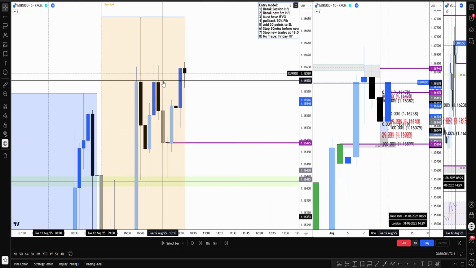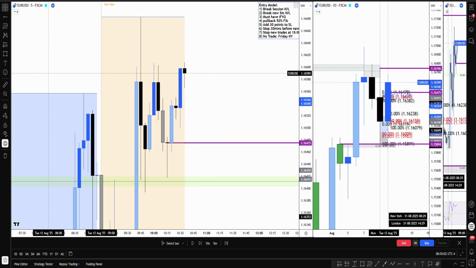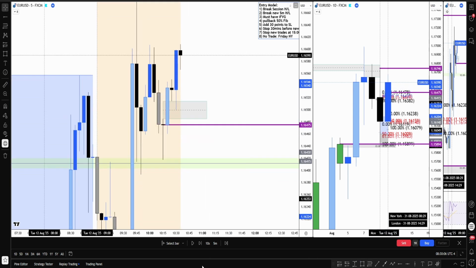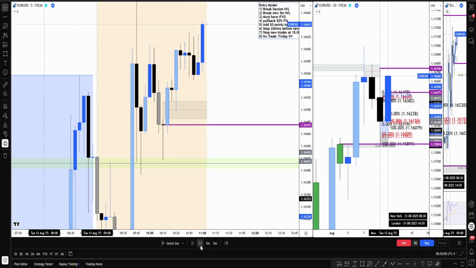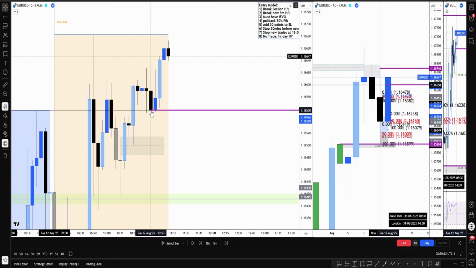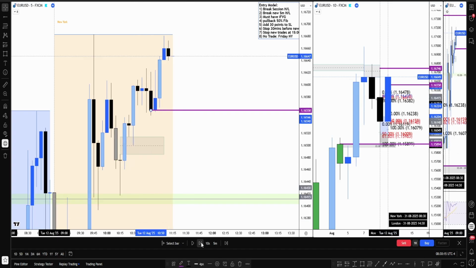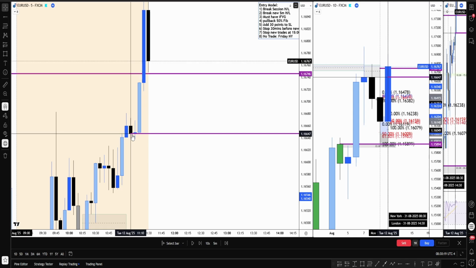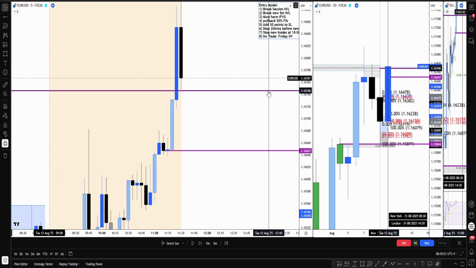All right, we closed above that. There's our fair value gap. Let's move on. Okay, now we have a new low, sorry, to focus on. And a new low to focus on.